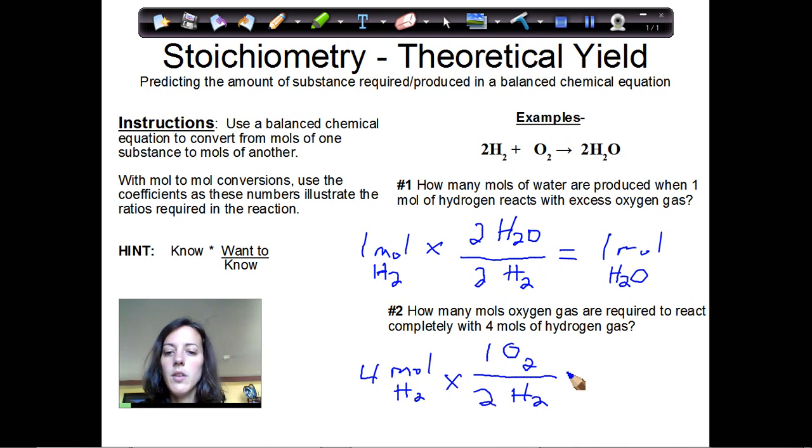And now we can solve the problem. 4 times 1 divided by 2. For every 4 moles of hydrogen gas, you can produce 2 moles of oxygen. And that is stoichiometry. It's all about these coefficients and the mole ratios that they can be set up to form.